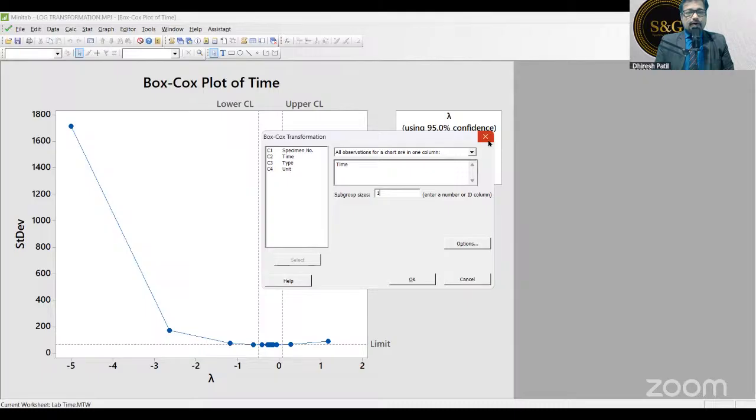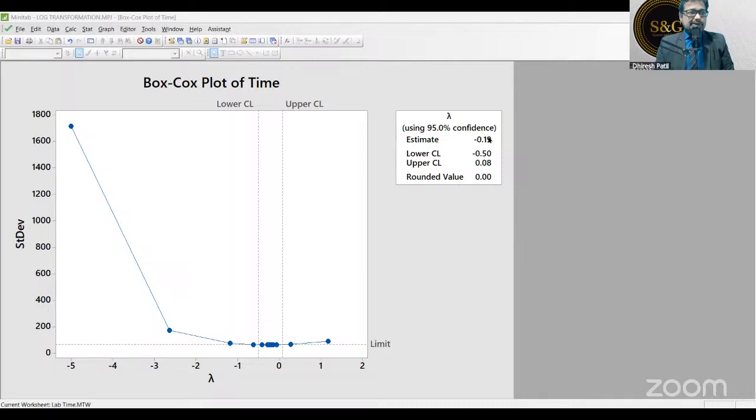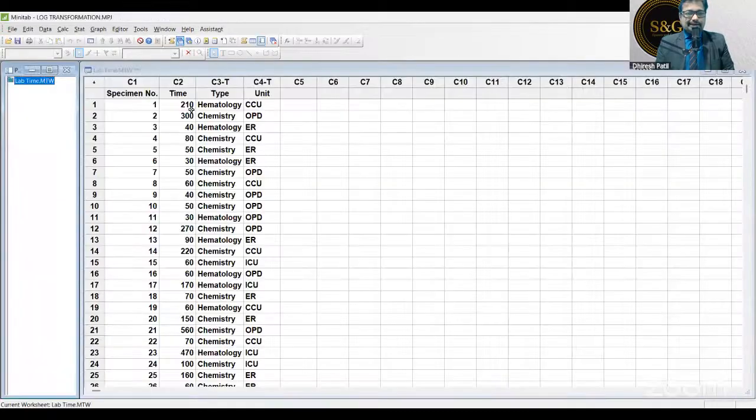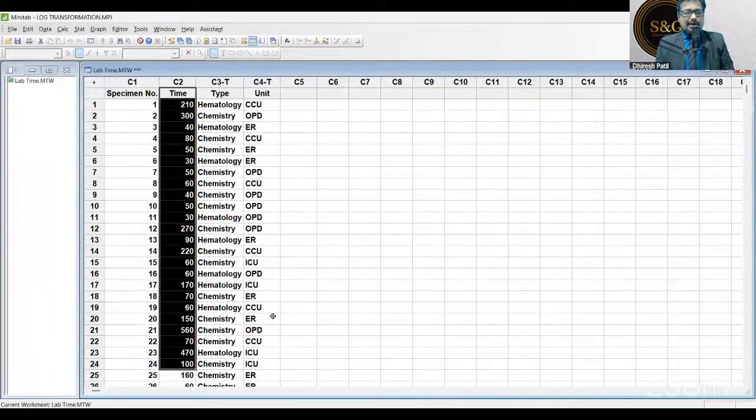Have you opened the file which I have shared? Have you opened the same file which I have shared with you? The log transformation one, Sarda Prasad ji. If you open the file, you will get this data. You have the C2 column where the time related data is there. Just give me yes. So you have not opened the file once again.